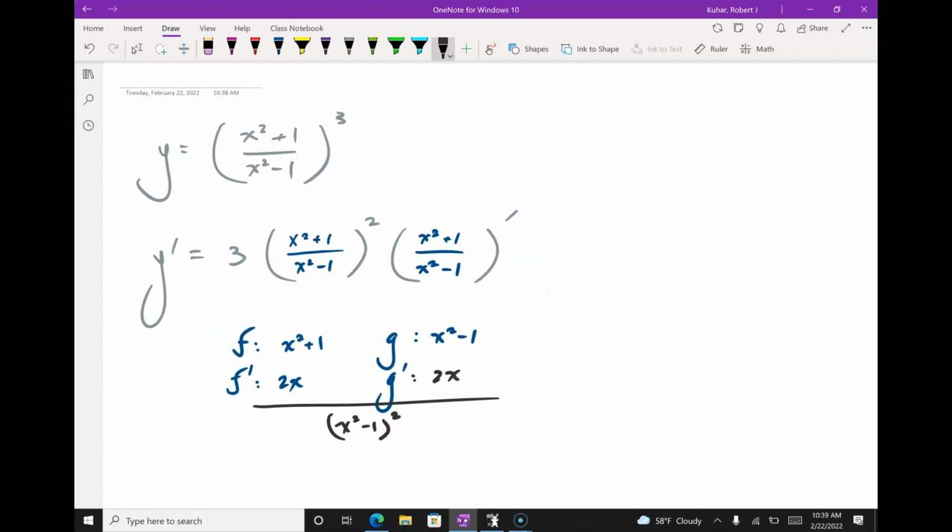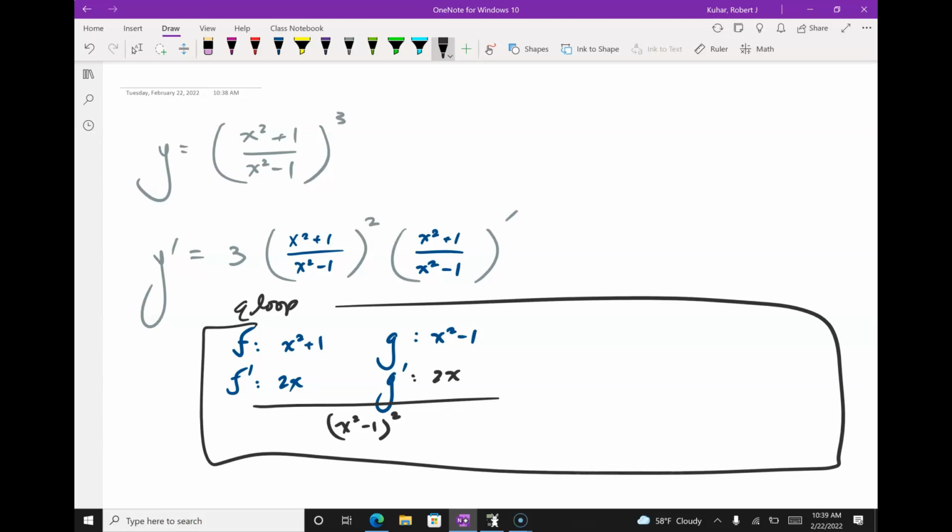So this is my side work, my Q loop. What do I get for star here? I'm doing my derivative of my quotient loop here. I get 2x times x squared minus 1 minus 2x times x squared plus 1 all over x squared minus 1 quantity squared. Just doing a little side work. I'm not going back into my derivative yet.